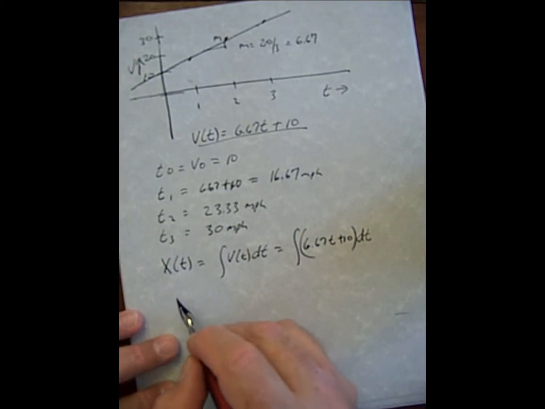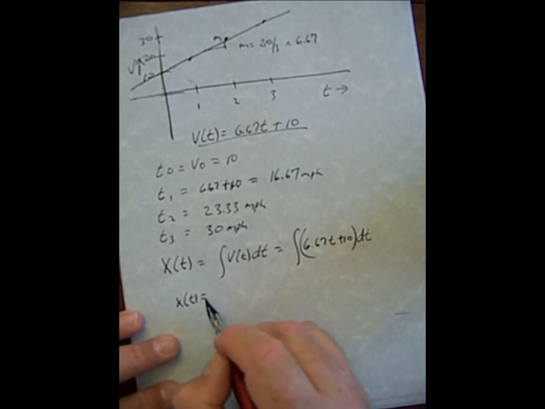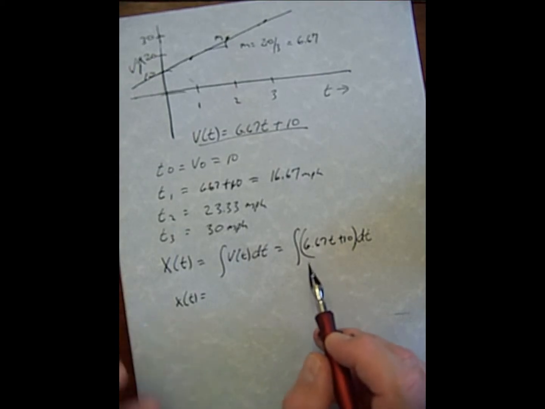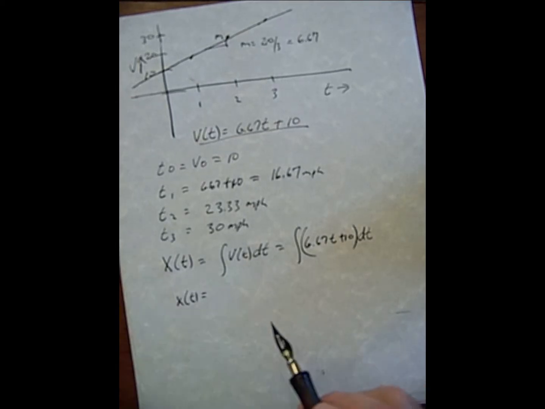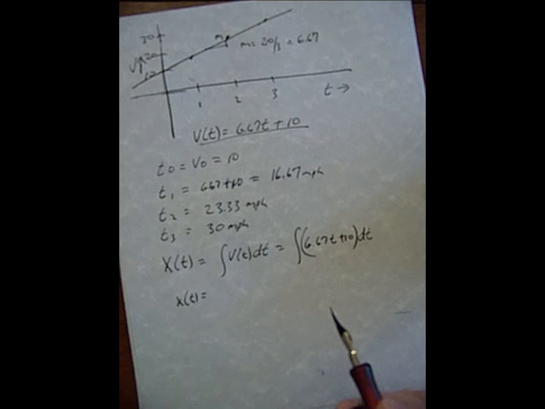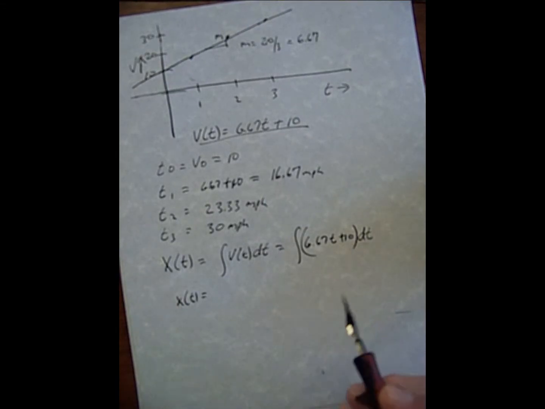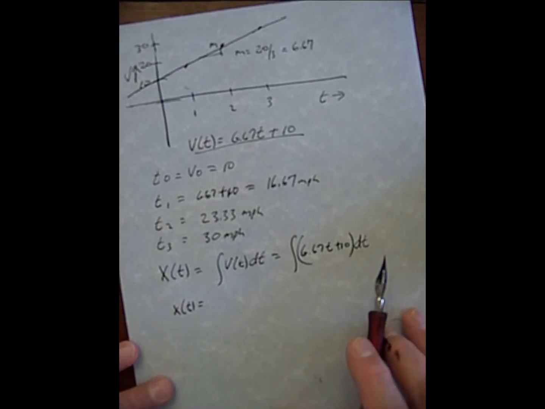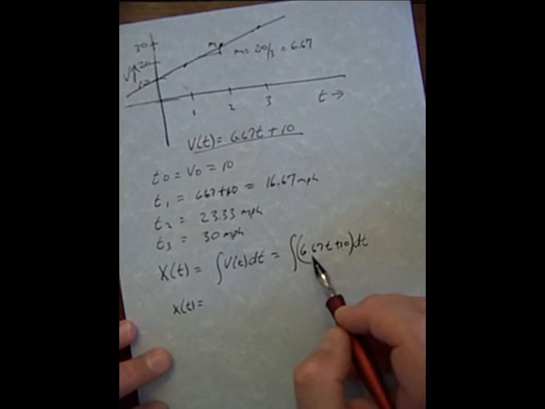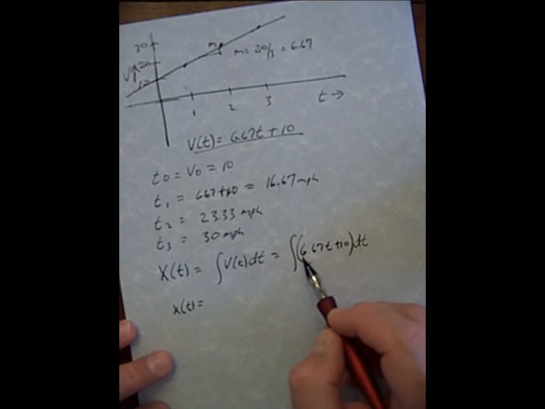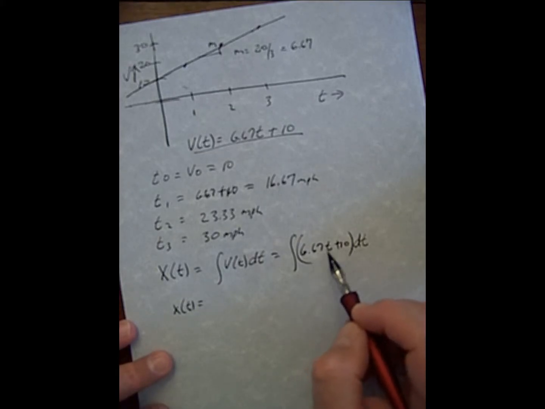When we do that, we find out that x of t equals, and now to evaluate integrals, you just need to look in any calculus textbook. There's a whole bunch of tables with a whole bunch of evaluations of integrals. But for something times t, the integral is that thing divided by 2 times t squared.